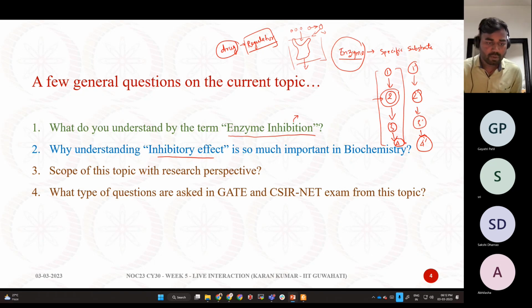Now, what is the scope of this topic from a research perspective? This technique is used in much of the pharmaceutical industry, for designing a drug, or if you are trying to understand the role of a particular enzyme, this will help you a lot in unraveling the mechanism also. If you know that in your system there is an enzyme A present and you don't know much about the action mechanism of this enzyme, what will you do?